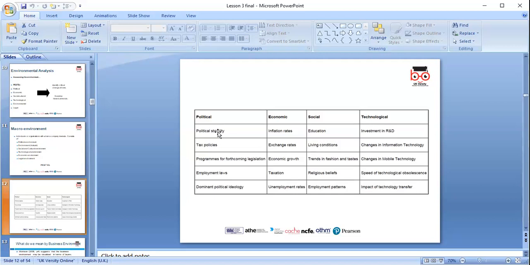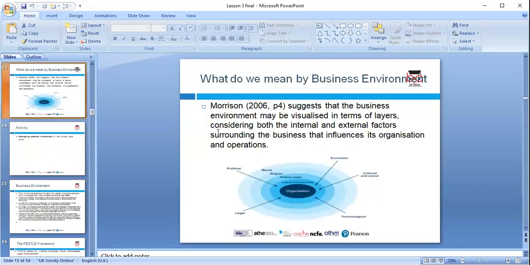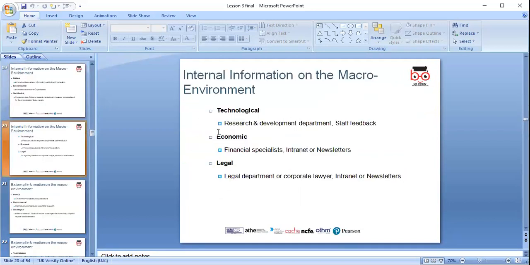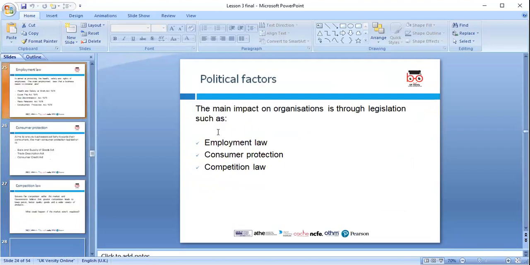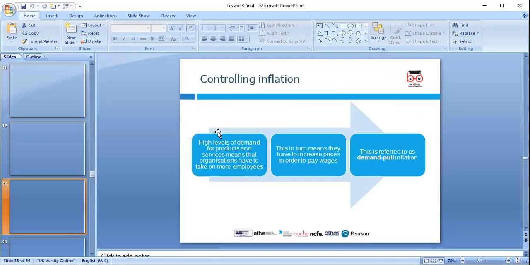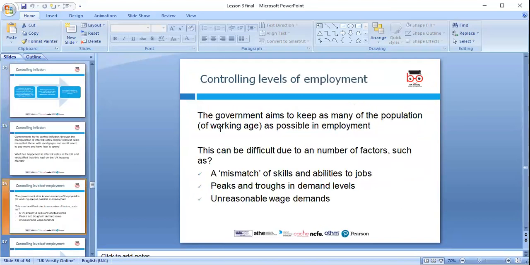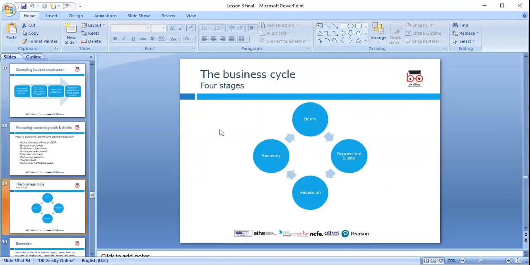We discussed these factors in our previous lesson, and we went through different factors. We said we need to look under different laws. We discussed inflation under economics, per capita income, and then the business cycle: boom, recovery, recession, depression, and decline. That all was in our last lesson.